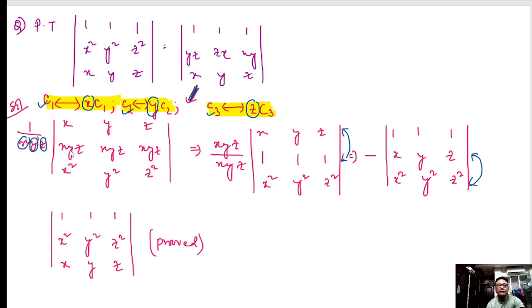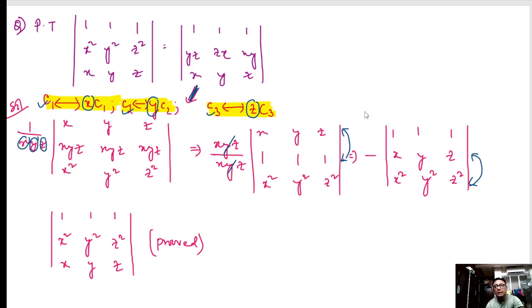X, XYZ and X square. Then we are multiplying this with Y, so Y, XYZ and Y square. Then we are multiplying this with Z, so it becomes Z, XYZ and Z square. So as you can see, there is an XYZ common in the second row and we take it out and these two cut out. So the determinant becomes this.